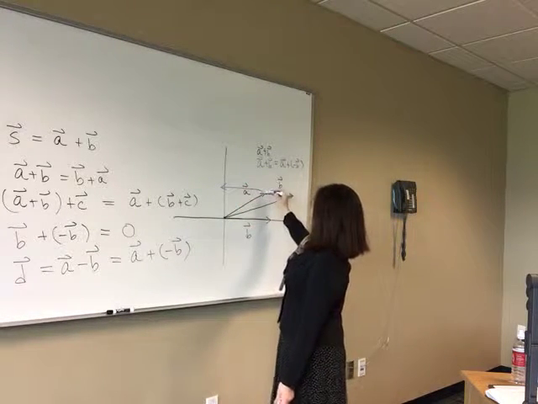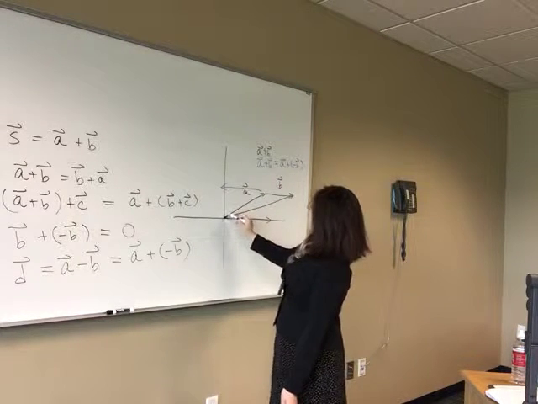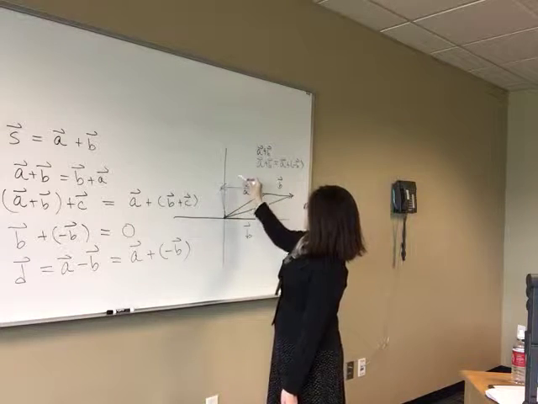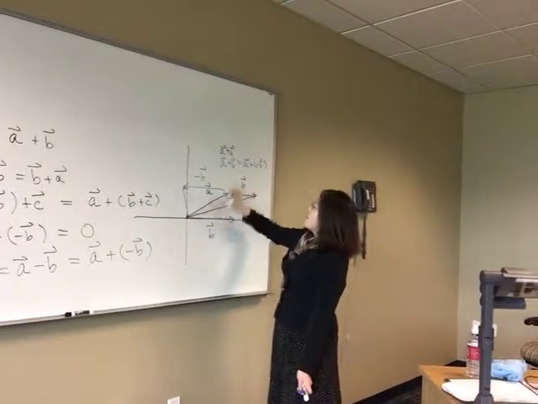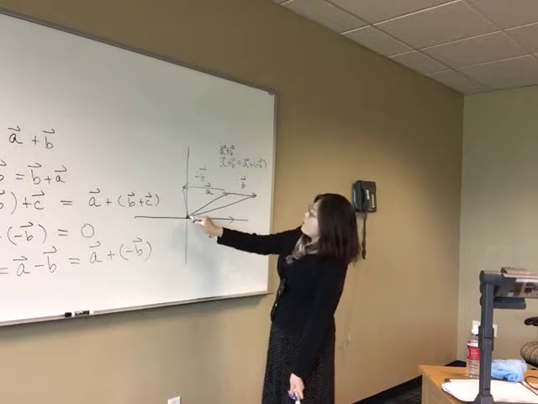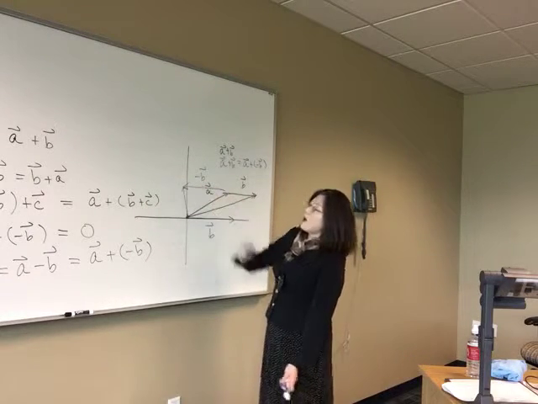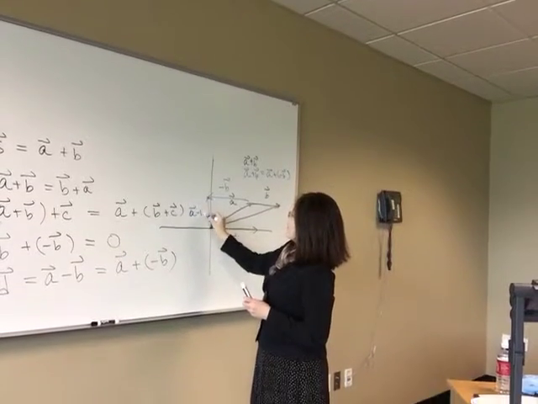Okay. So basically your A plus negative B will be from this point to this. So this is your negative B. We just reverse the direction, and now it becomes A plus negative B. So you go from the tail of A to the head of negative B. So this is how you do A minus B. Okay?